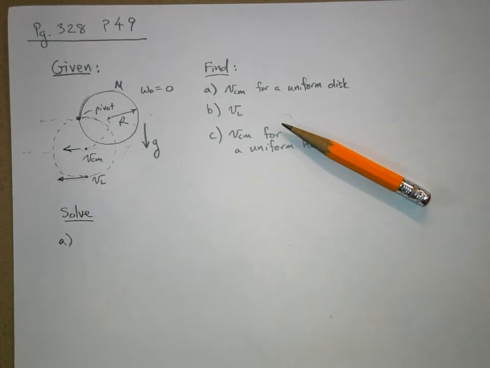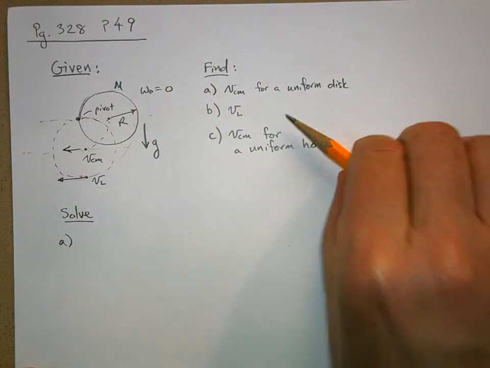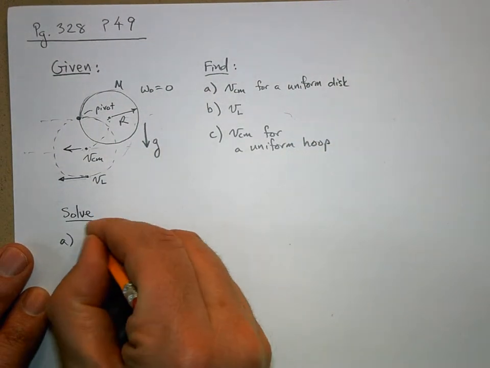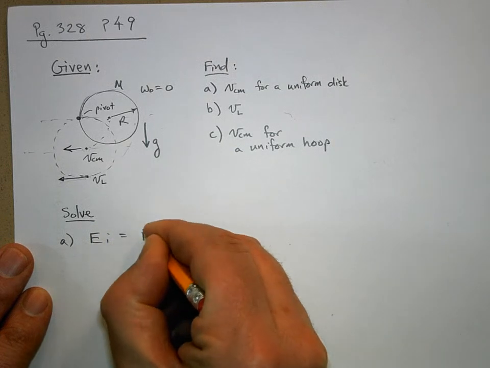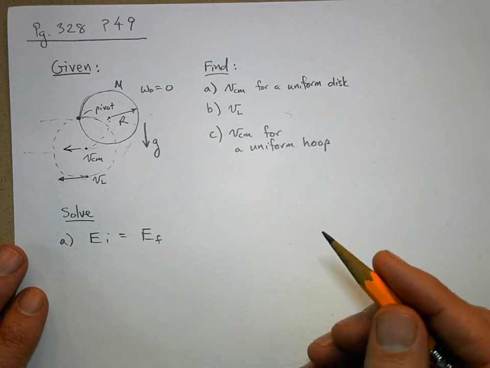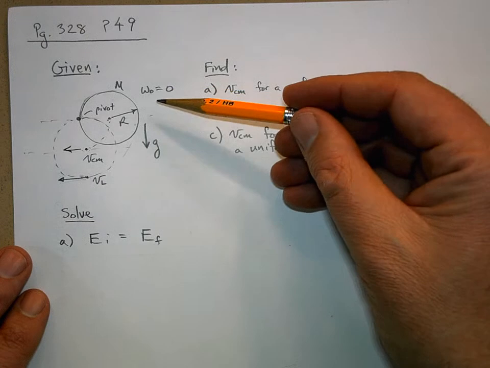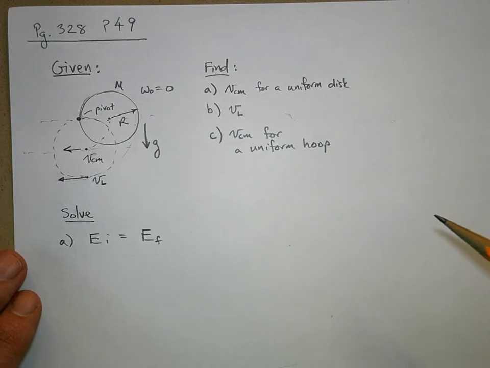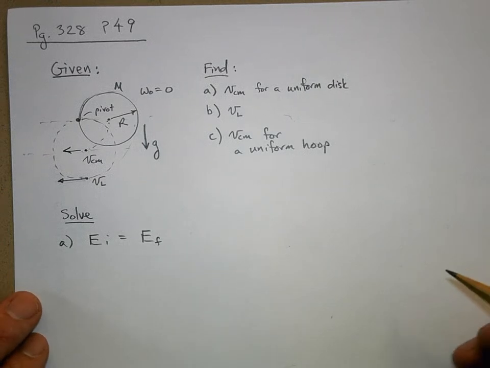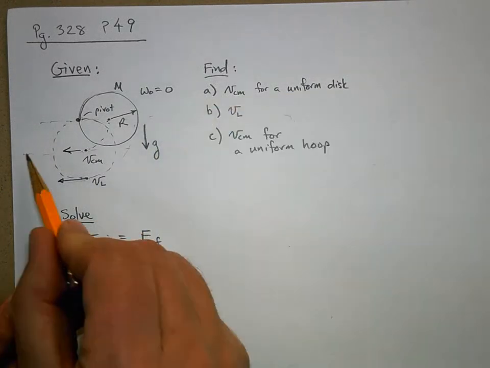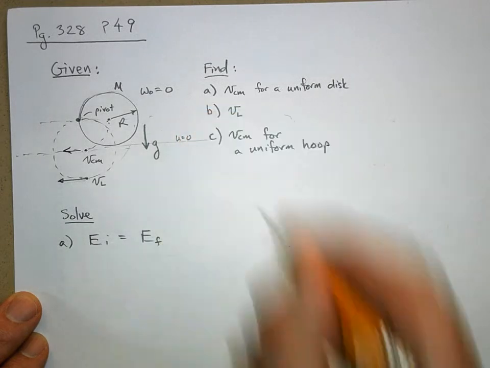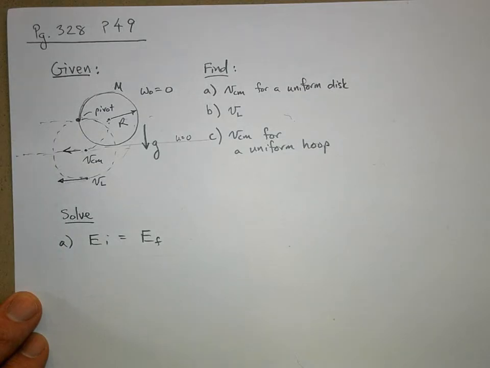So we're going to set up an energy equation, and we're going to say that the initial energy equals the final mechanical energy. And I can do this because the only force doing work here is the force of gravity. And so initially, let's say that U equals 0 at this point.